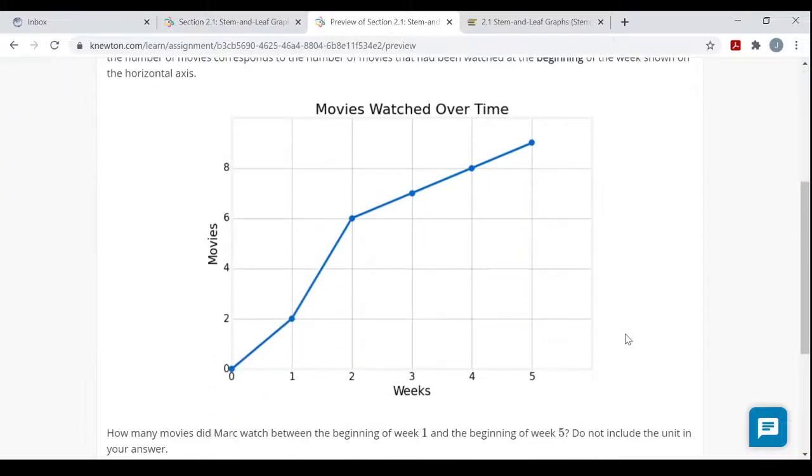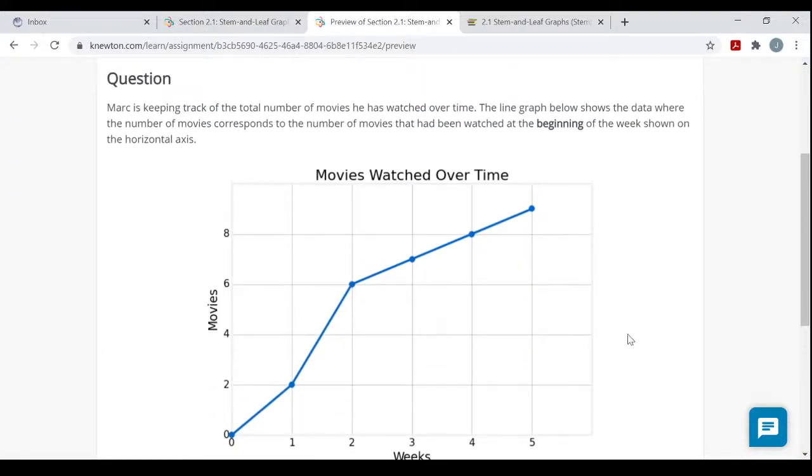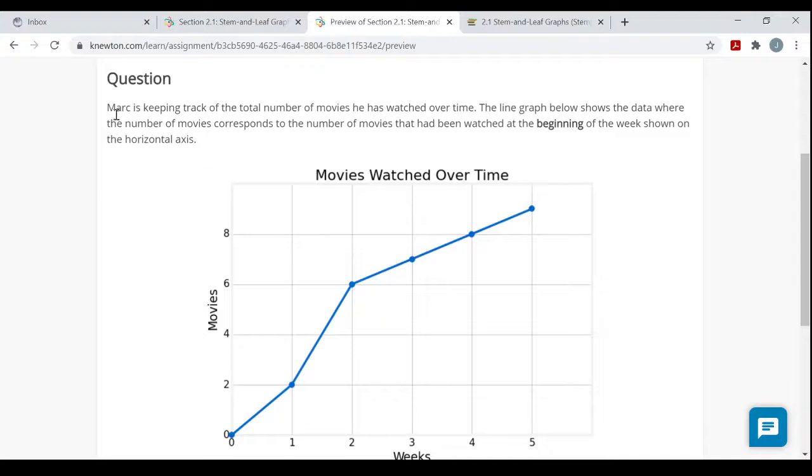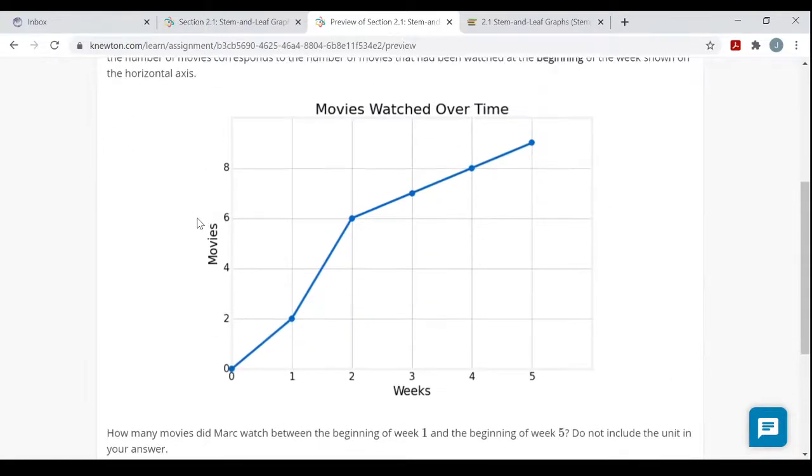All right, so here's a line graph that was given. Now this is similar to other ones we've seen. As weeks pass, how many movies were watched, and this is the total number of movies. It looks like Mark is keeping track of the total number of movies he watched over time. The line graph below shows the data where the number of movies corresponds to the number of movies that had been watched at the beginning of the week, shown on the horizontal axis.